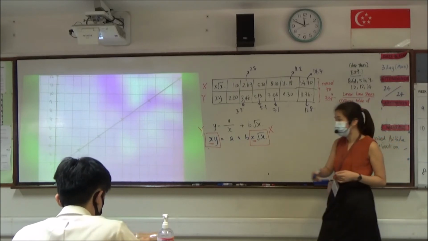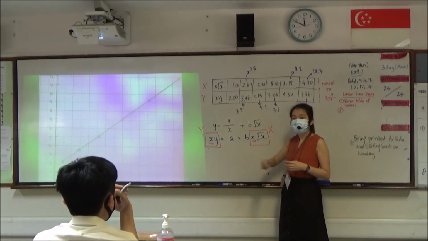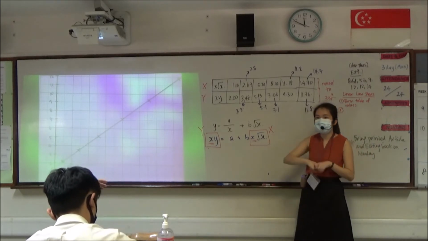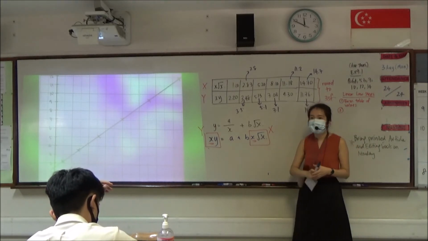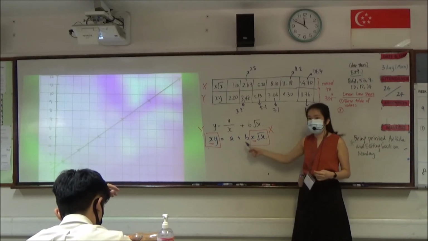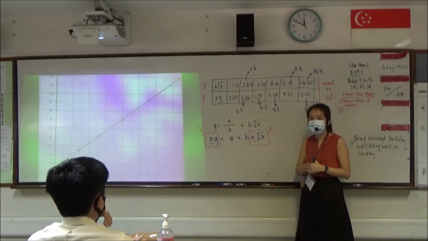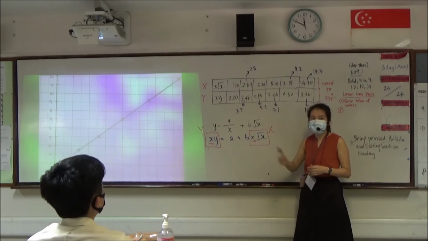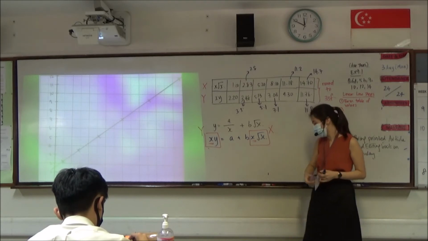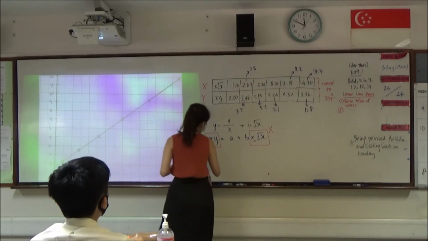A represents the gradient. B represents the gradient. Amanda, do you agree? B represents the gradient. A plus B represents the gradient. Li Hui, what do you think? B represents the gradient. Nicole, what do you think? B represents the gradient.